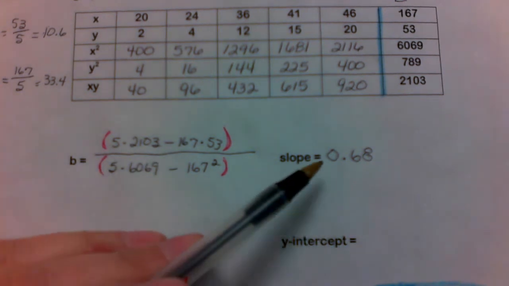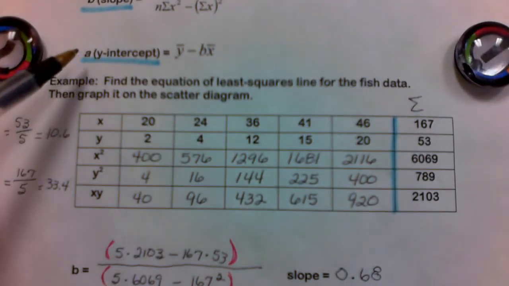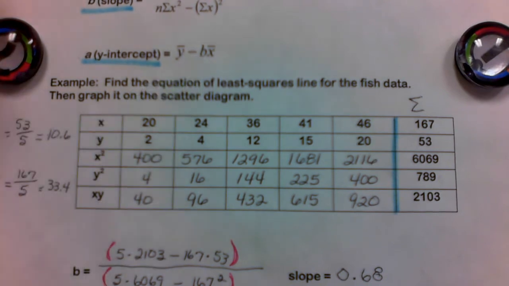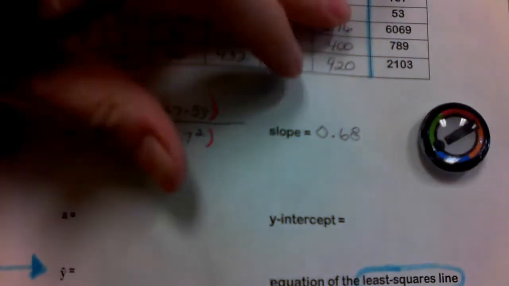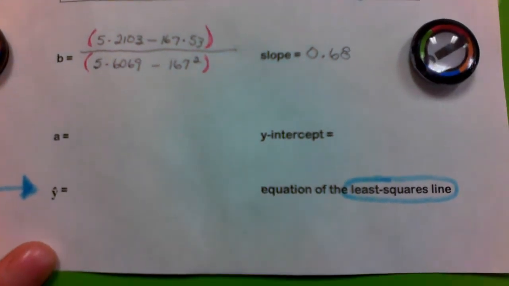Now, the reason we have to calculate the slope first is because in our y-intercept formula, you need b, which is the slope. So we have to calculate the slope first because we need that value when we calculate the y-intercept. So now I'm going to calculate a.